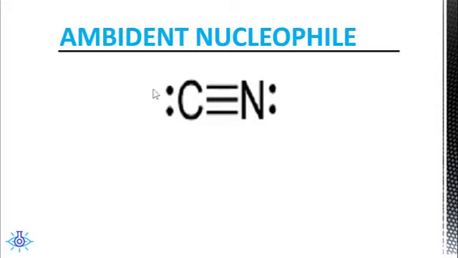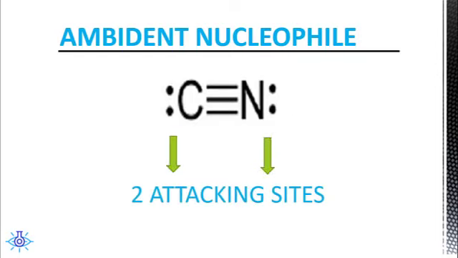Carbon has one lone pair of electrons and nitrogen has one lone pair of electrons. So it has two attacking sites. The attack can be either from the carbon side or from the nitrogen side. Hence, such types of nucleophiles are called ambident nucleophiles.